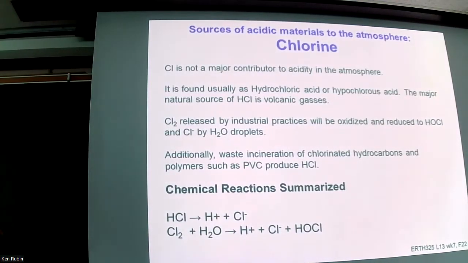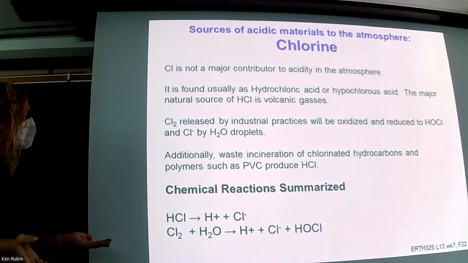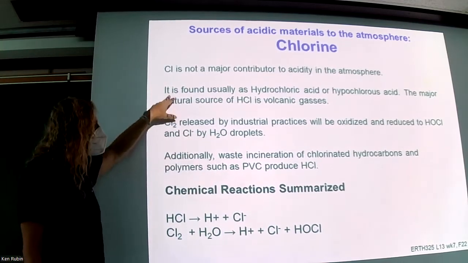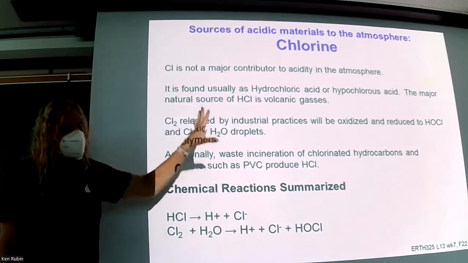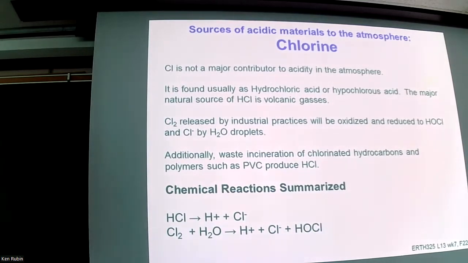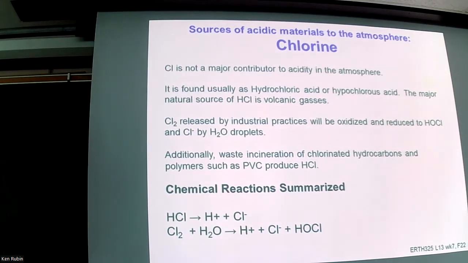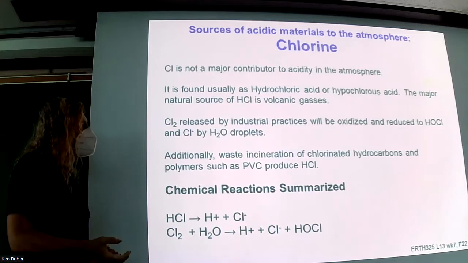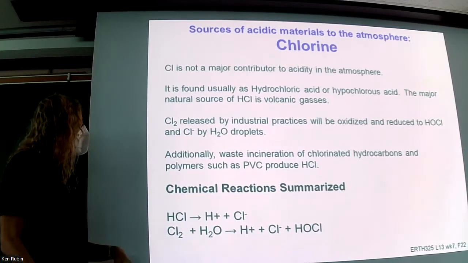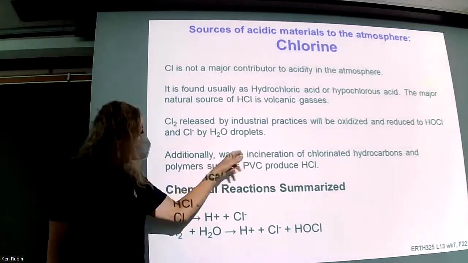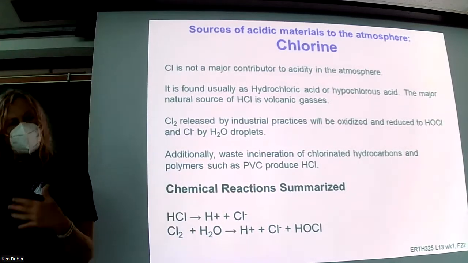Then the third acid that we find in the atmosphere is chlorine, as hydrochloric acid. It comes from a bunch of different sources that add acid to the atmosphere, as well as other sources of chloride that don't affect rain acidity, such as road salting with sodium and potassium chloride. But waste incineration of chlorine and hydrocarbons, things like PVC, produces hydrochloric acid.